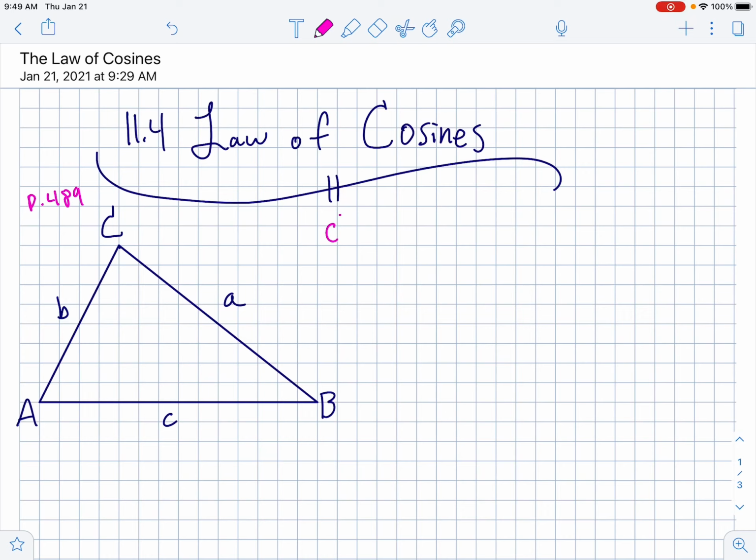So let's start with this one. C squared is equal to a squared plus b squared. But then there's more. You then have to subtract 2 times a times b times the cosine of capital C.